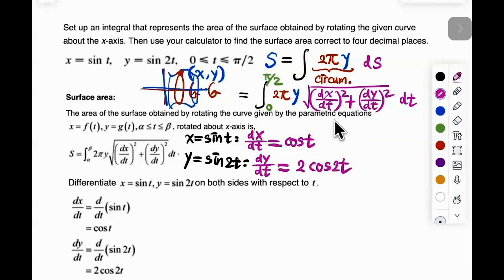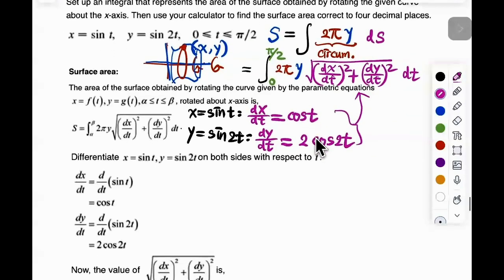Now we're going to put this back inside, and let's continue with the surface area. So I still have this 2 pi. Now remember the y over here, you need to express in terms of t because this is the integral with respect to t. So how do you express this y in terms of t? y equals what? Sine of 2t.